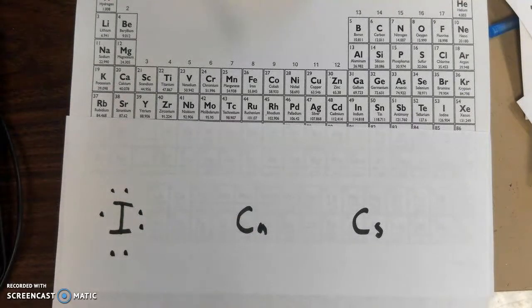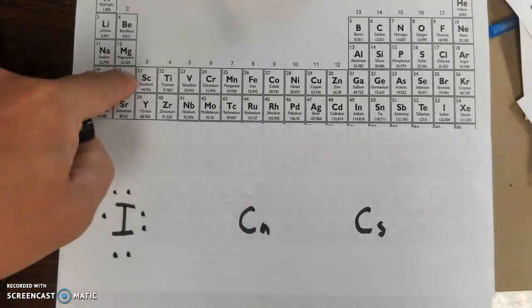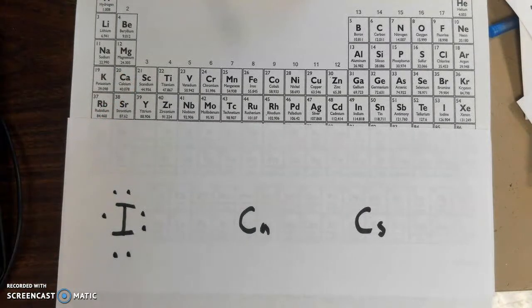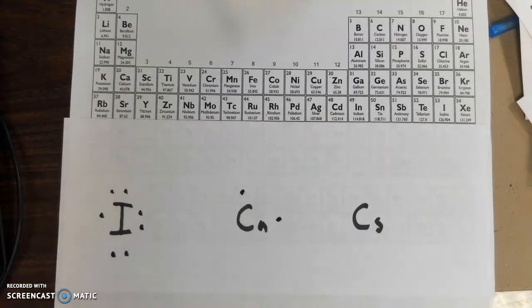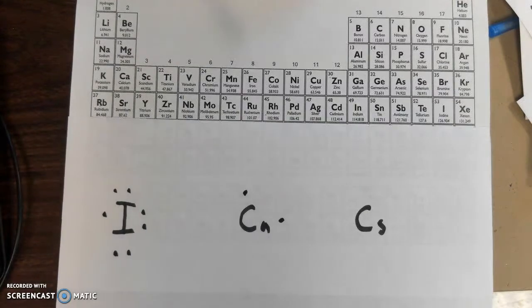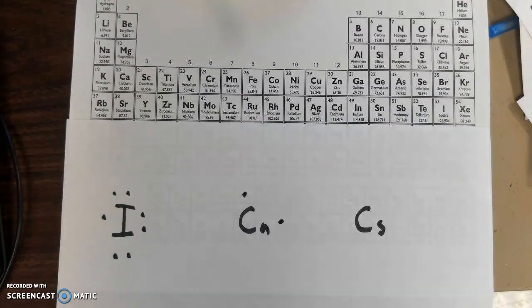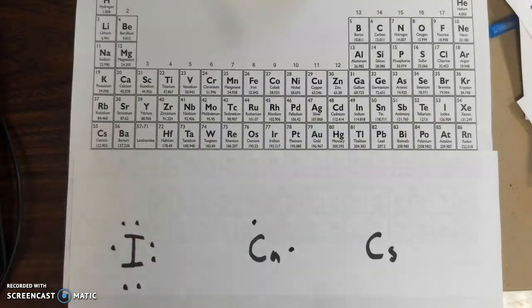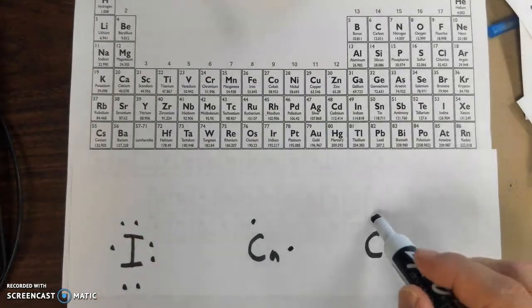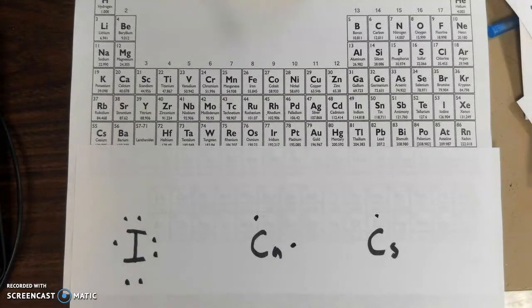That's iodine. Okay, calcium is in group 2. See if you can beat me to it. Calcium's in group 2. 1, 2. I don't really care where your dots are. I just want you to make sure that you have 2 of them. And cesium right here is in group 1. Okay, so be ready to be able to do that on a test.